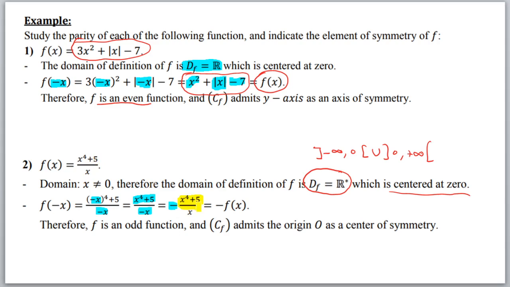Compare this and this. They are the same. So it's equal minus f of x. يعني هيدي اللي بالأصفر هي ال f of x. شايفينها؟ Okay. And النيجاتيف هون outside. فإذا minus f of x. يعني معناتها هيدا الفانكشن هو odd function. Okay. And the origin 0, 0 is the center of symmetry.